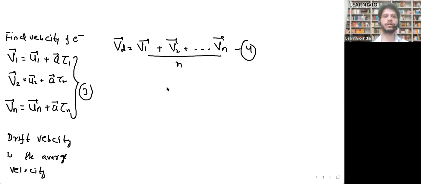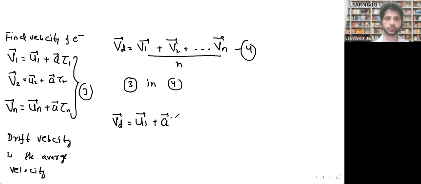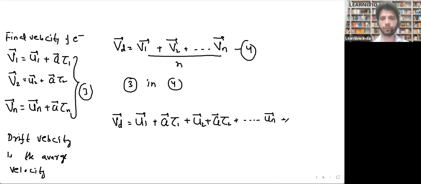Now I'm just substituting the values of v1, v2 and vn here. So I'm substituting 3 into 4. We get Vd is V1, which is u1 plus a tau1, V2, which is u2 plus a tau2, up to Vn, which is un plus a tau n, divided by n.